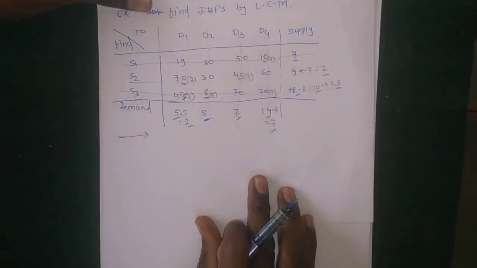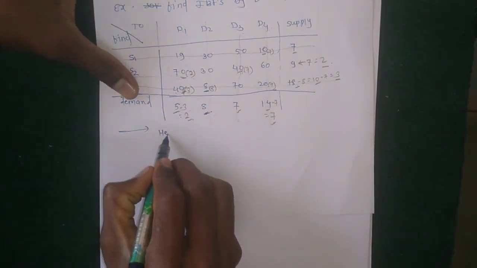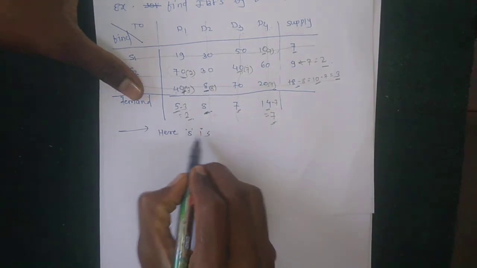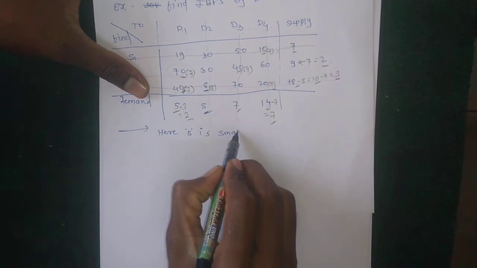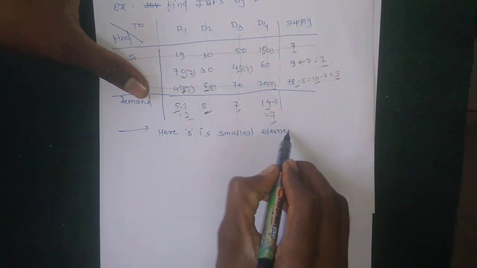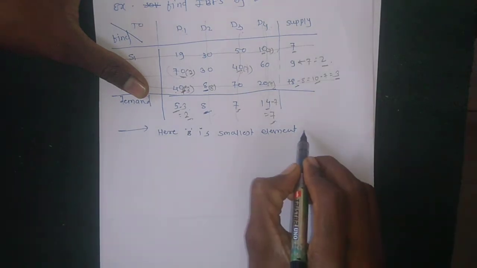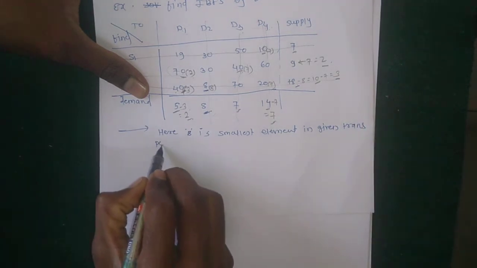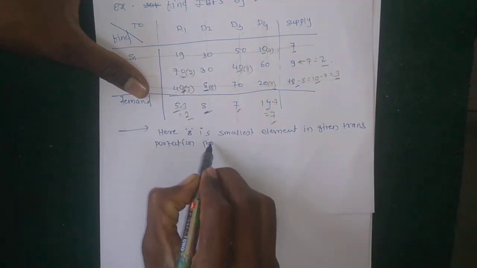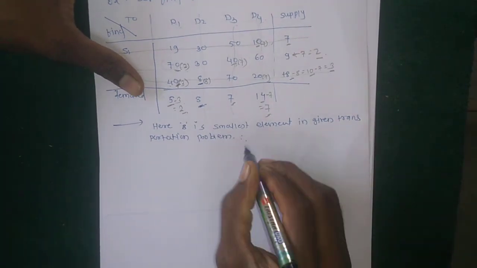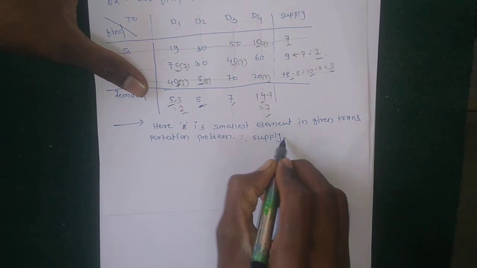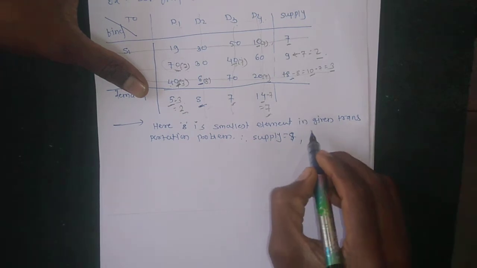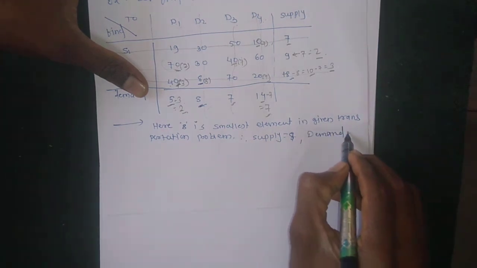Okay, only allocate a demand or supply. Now the same problem using the northwest corner method. So here 8 is the smallest element in the given transportation problem. Therefore their supply is equal to 8 and their demand is 18.